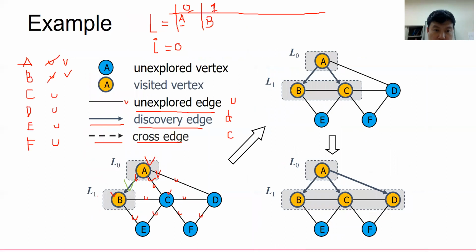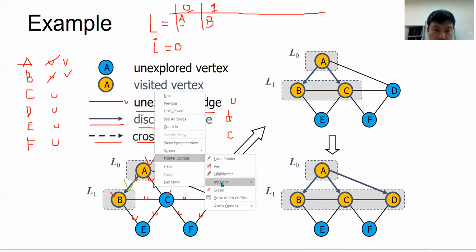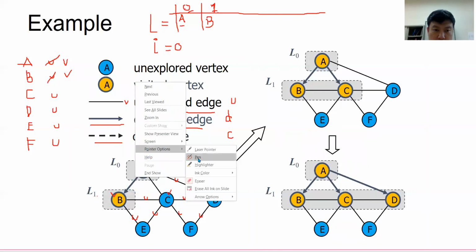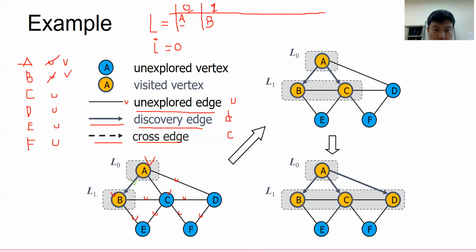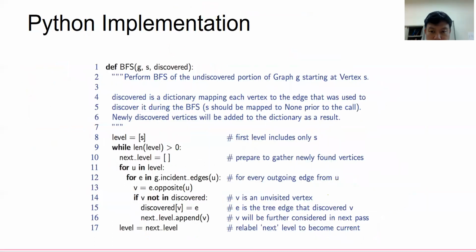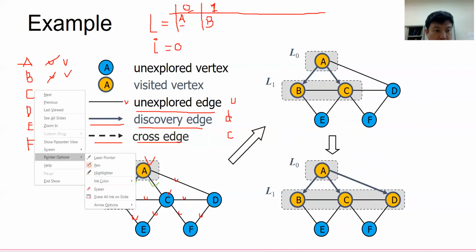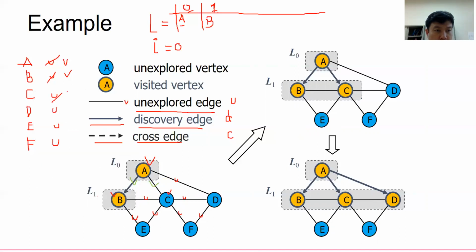So after I know that this is still not explored, I set the label W as visited. So C is visited. Okay, so C becomes visited.